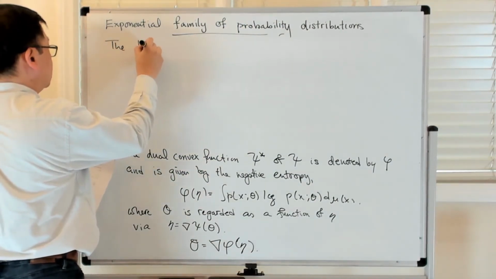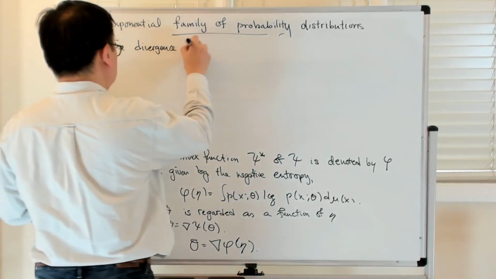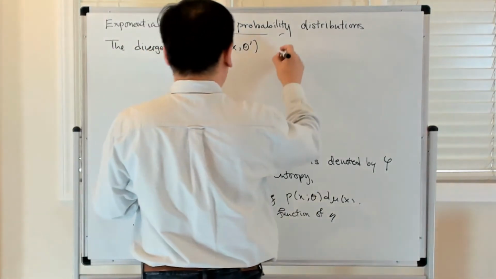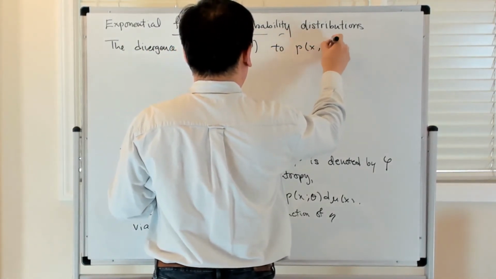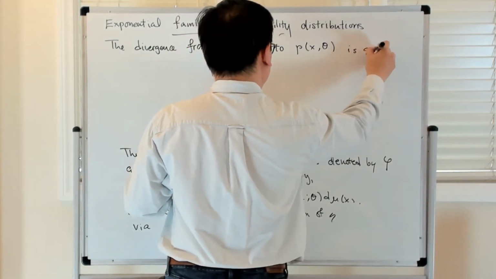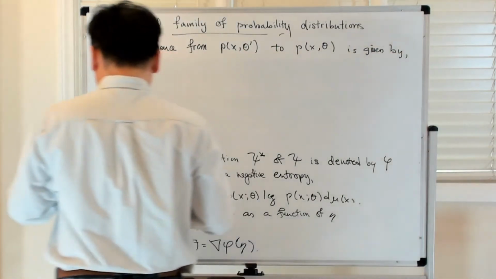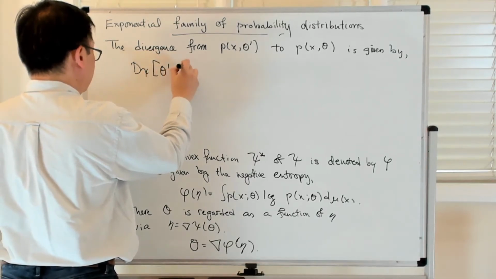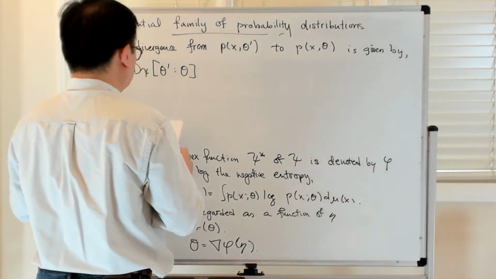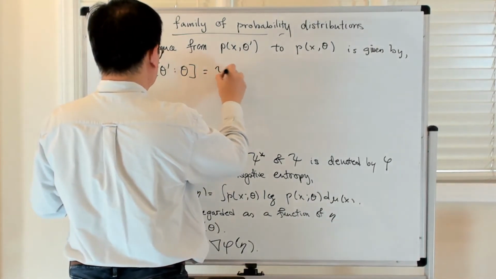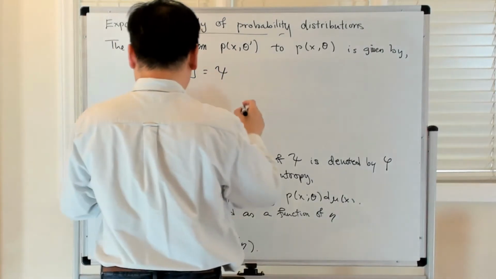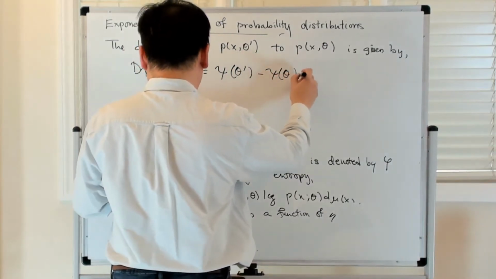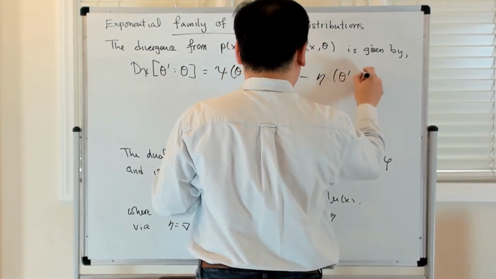So the divergence from p(x, theta prime) to p(x, theta) is given by D_phi(theta prime, theta), which is equal to phi(theta prime) minus phi(theta) minus eta dot (theta prime minus theta).